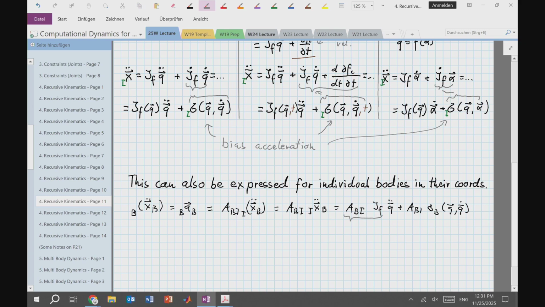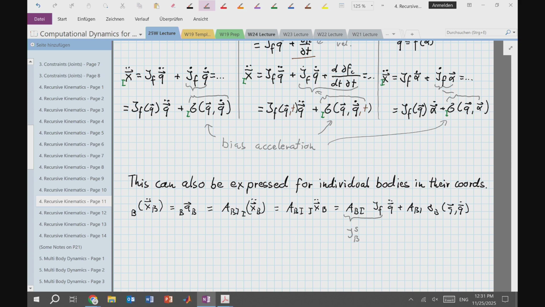And now I can go ahead and give this a name. I will call this the Jacobian of body B. And this will be the translational Jacobian, hence the S. Translational, I don't want to write a T, because then you think it's a transpose.